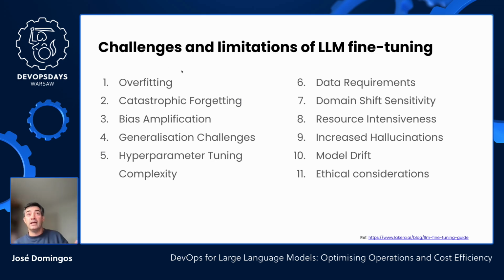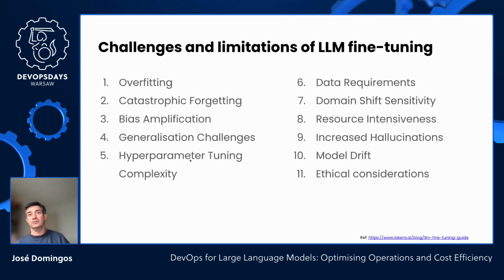You may have catastrophic forgetting, i.e. the model could do certain things in the past, but after fine-tuning, you find out that it can't anymore. You may have bias amplification, in which the model always answers particular questions in a particular way that's undesirable. You may have generalization challenges. The model is very good at a certain set of questions, but if you ask a question outside of that, the model is unable to answer.